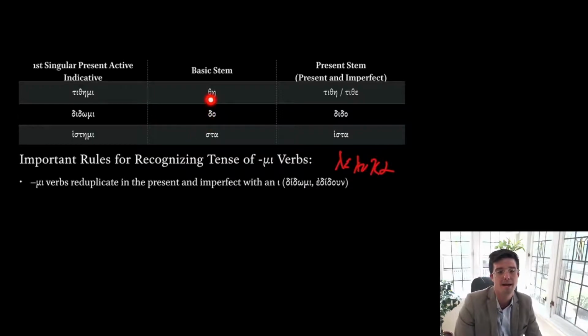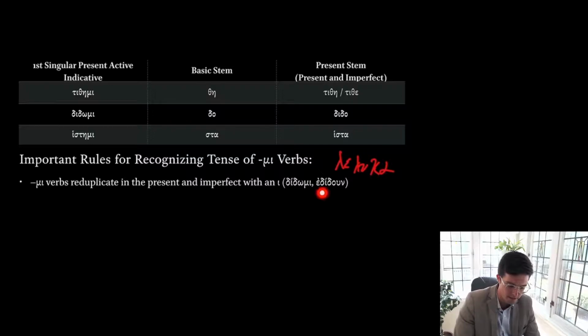And then a similar thing for both of these two: tithemi has reduplicated with the hard t sound, the t in the tau, and then the sigma actually reduplicates with a rough breathing mark, so that the s sound of the sigma goes to an h in the reduplication there. So even though these don't look the same, they're not the exact same kind of reduplication, for both tithemi and histemi, reduplication is happening there.